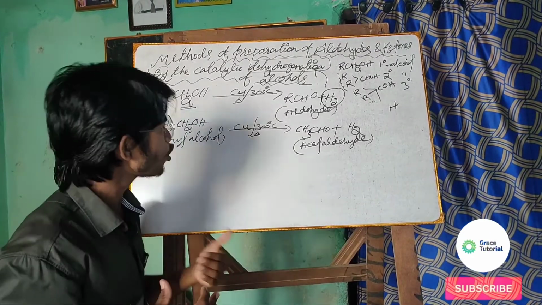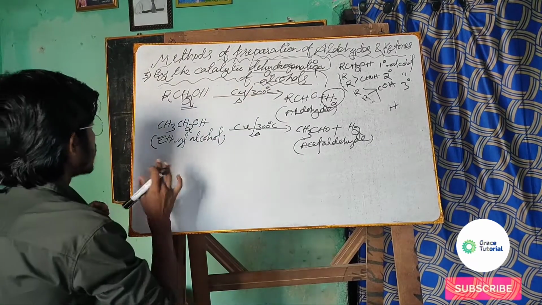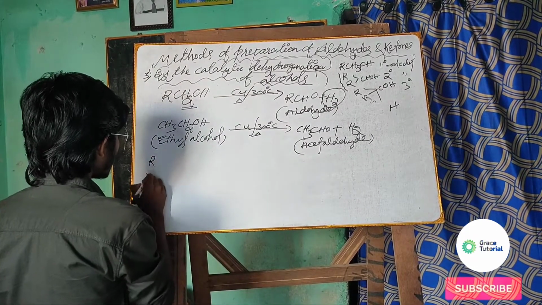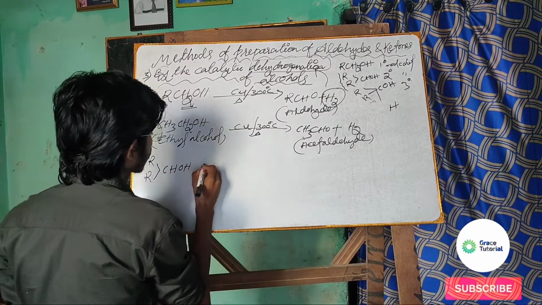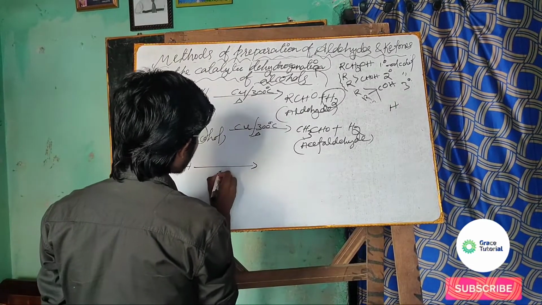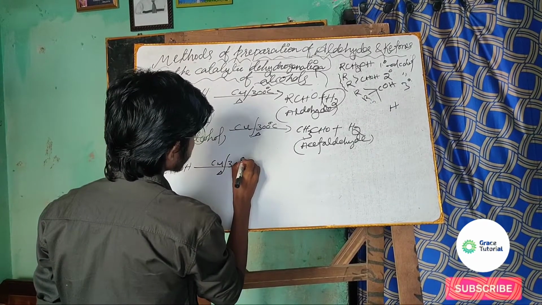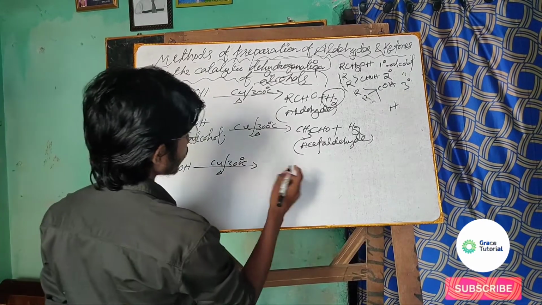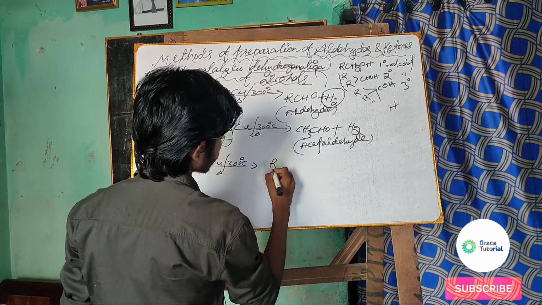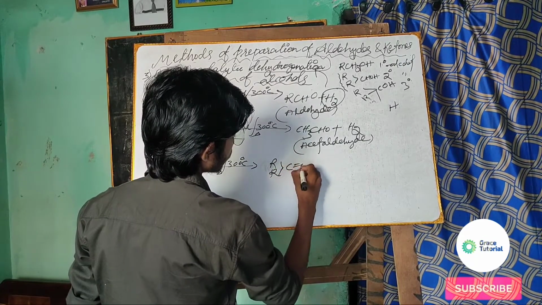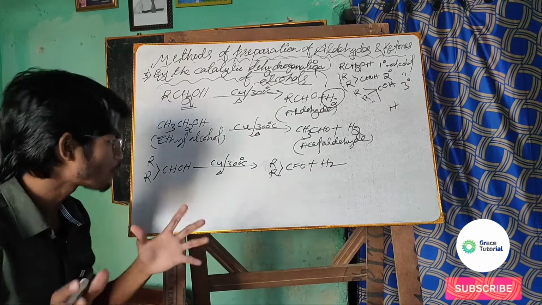Now how is the ketone obtained from the catalytic dehydrogenation of alcohol? For the formation of ketone, we take the secondary alcohol. When the secondary alcohol is heated with copper at 300 degrees centigrade, ketone is formed with the removal of the hydrogen molecule.